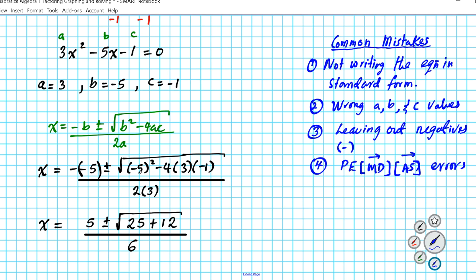Okay, so notice I did under the square root right here, I did the exponent first, and then I multiplied this next. All right, so to finish this off, we're gonna simplify the radicand. So we have 5 plus or minus the square root of 37 divided by 6.